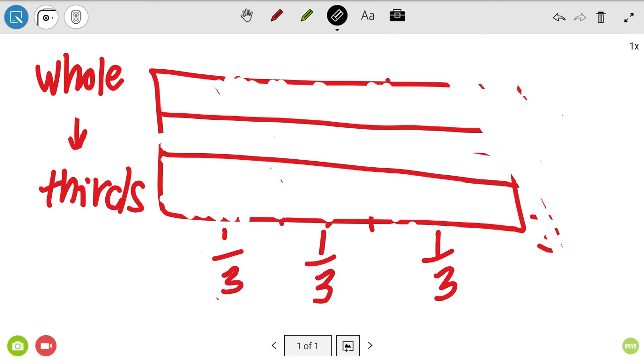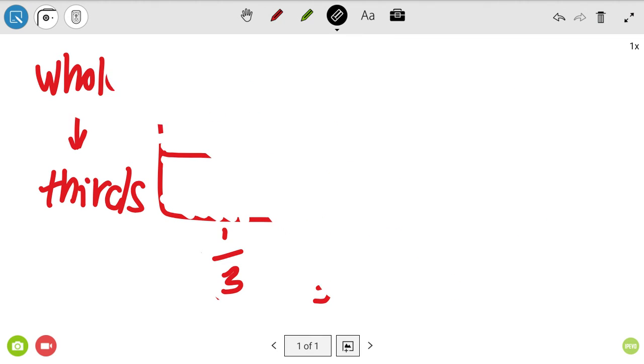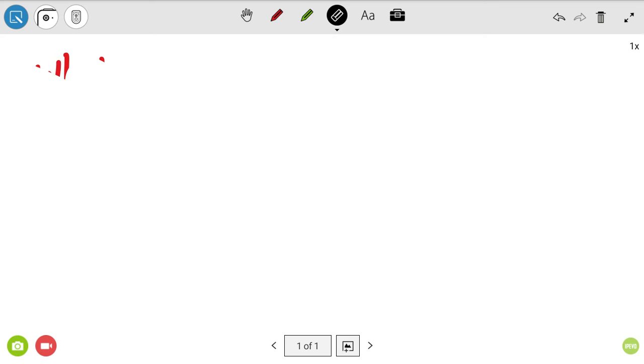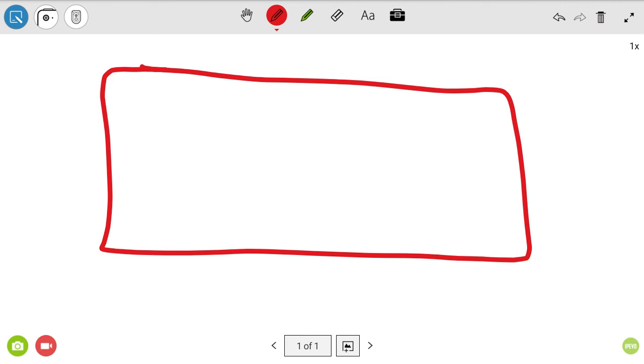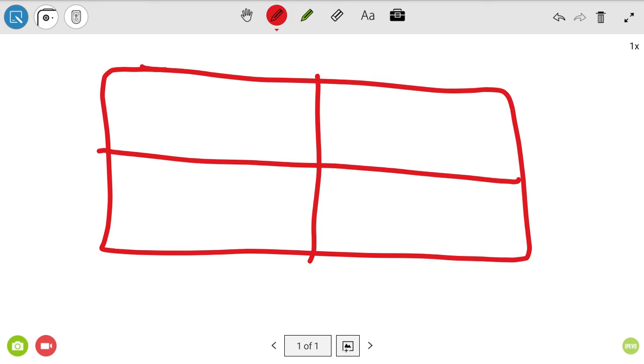And then last thing is we're going to partition our rectangle into fourths. That's going to be 4 equal parts. So it could look something like this, and each part would be 1/4.